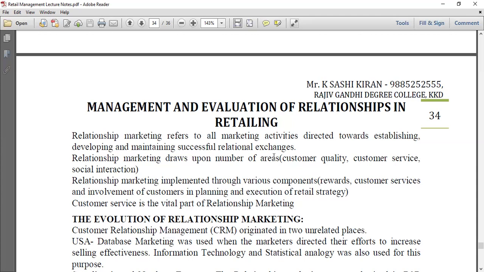Sometimes organizations like Pantaloons send you gift vouchers also. West Side sends a gift voucher, saying that since today is your birthday, this gift voucher is valid for 48 hours. Or sometimes they say, exclusively for you on your birthday, we are going to give 15% discount on all the merchandise.